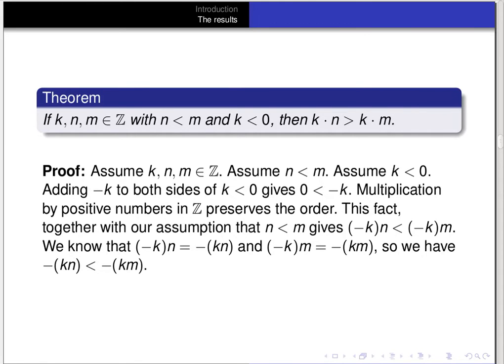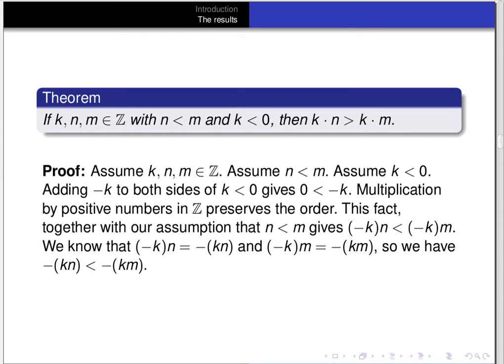So now we use our fact about additive inverses. We can rewrite minus k times n as the additive inverse of k times n, and similarly with minus k times m. So we can express that inequality finally as the additive inverse of kn is less than the additive inverse of km.